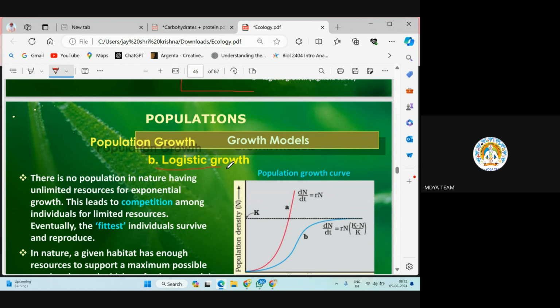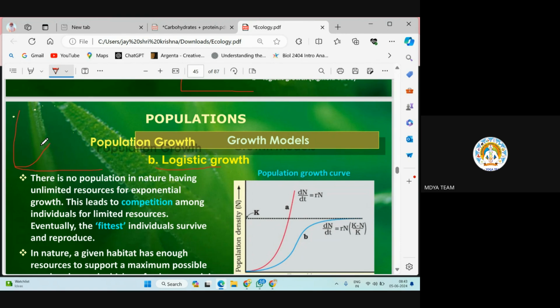So what is logistic growth curve? For example, the population will increase like this, just like exponential growth curve, but after a certain time, the resources will become a limiting factor.